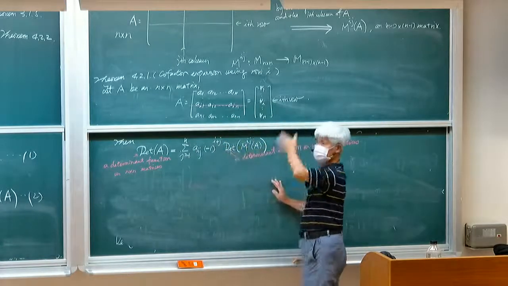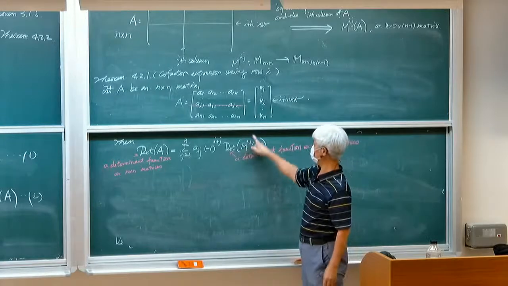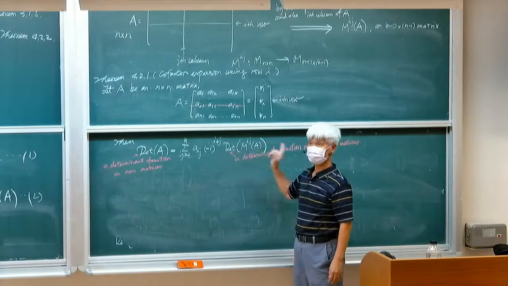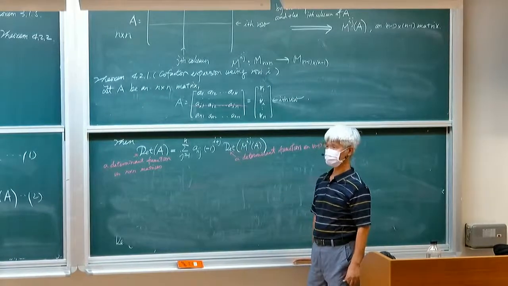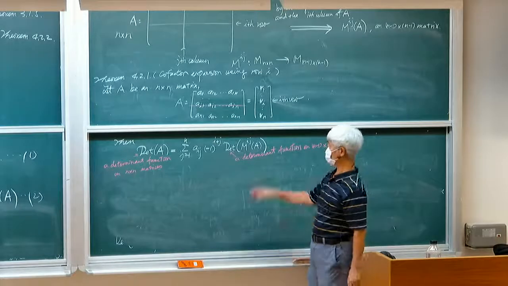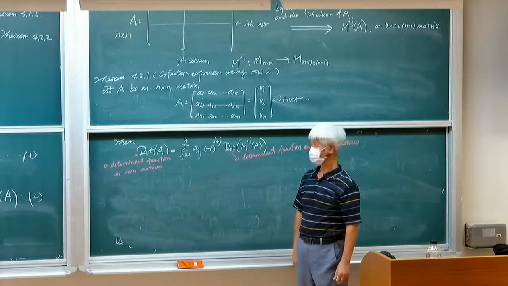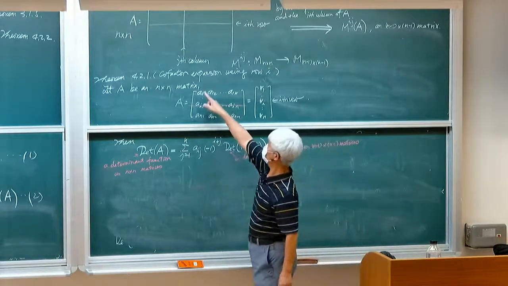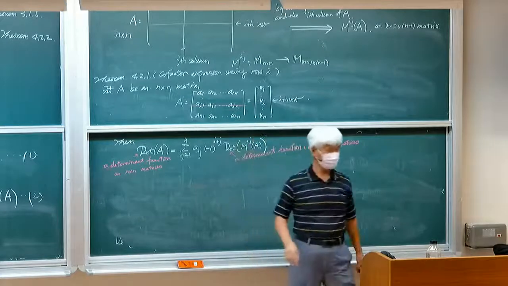Okay. So once we've done that, this matrix is an (n-1) times (n-1) matrix. Okay? Any questions about the expression?